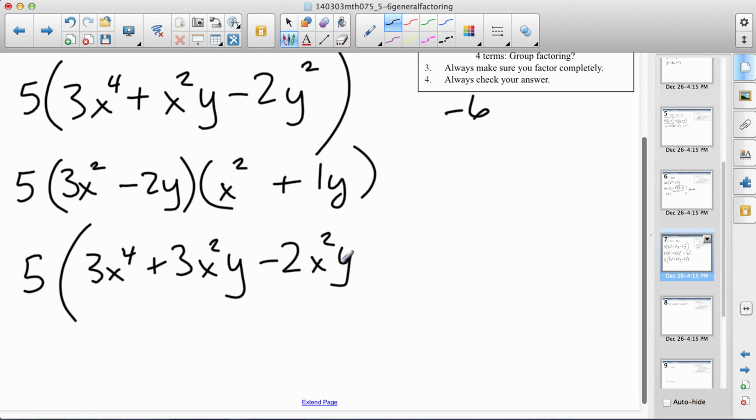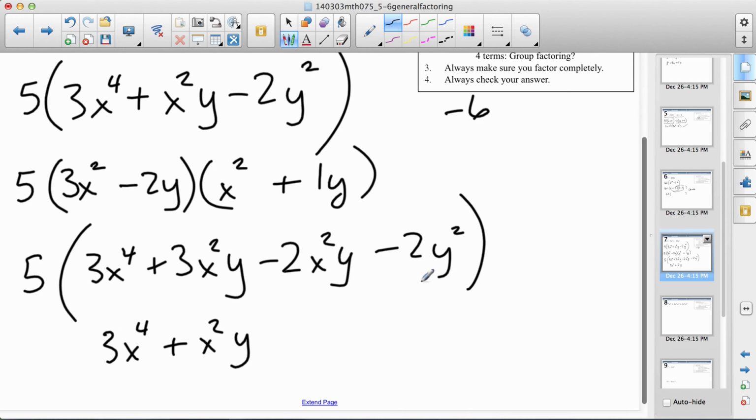Again, make sure you put your variables in alphabetical order. And then finally, this one times this one would be a minus 2y^2. Okay, collecting like terms. These are both x^2y, and so this would be plus x^2y. And then I have a minus 2y^2 at the end.